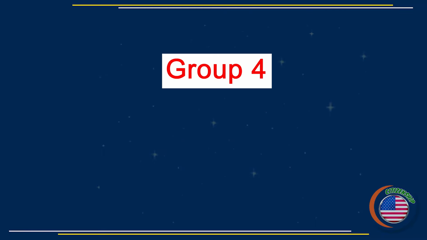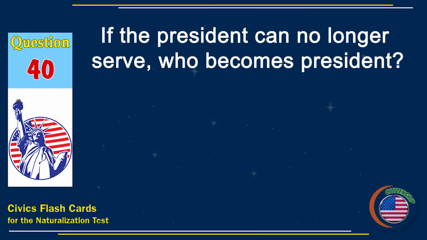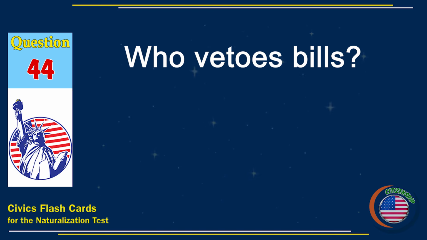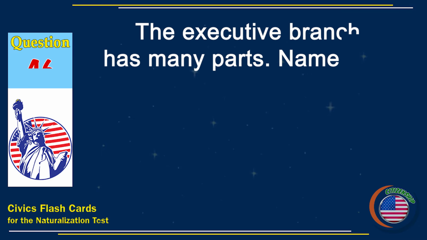Group 4. The President. If the President can no longer serve, who becomes President? The Vice President. Who vetoes bills? The President. The executive branch has many parts.